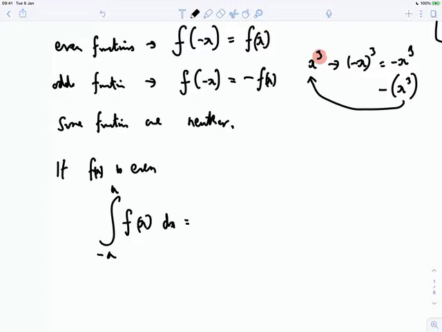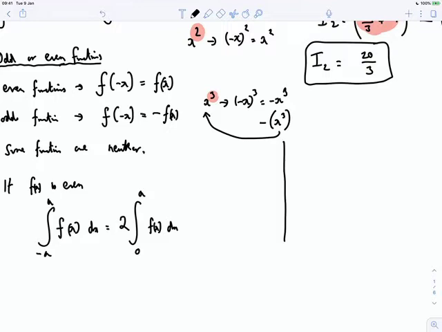Well, if it's even, then you're just going to have two lots of the integral between 0 and a of f of x dx.